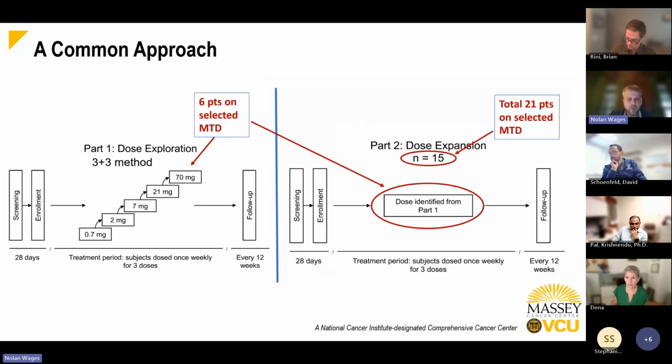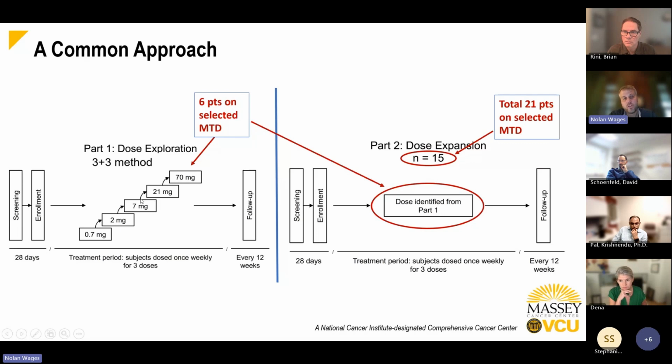So this is a common approach to this type of problem, with the left side of the blue line illustrating that perhaps a common approach is to conduct a 3+3 design on these dose levels. We're only going to have 6 participants on the selected MTD, as we discussed in the previous slide. And then we're going to go to part 2, which is dose expansion, and we're going to use the dose we identified from part 1 to put an additional 15 participants on that dose for a total of 21 on the selected MTD.